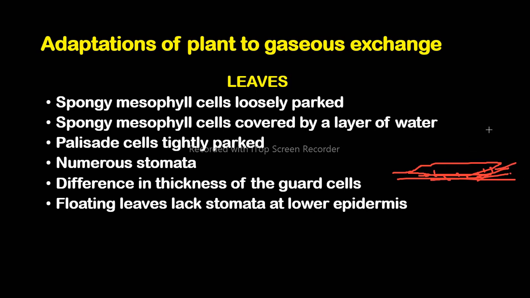And so as a result, you have very many stomata on the upper epidermis than what you have on the lower epidermis. So that now you can freely diffuse in and out these respiratory gases. Not so?